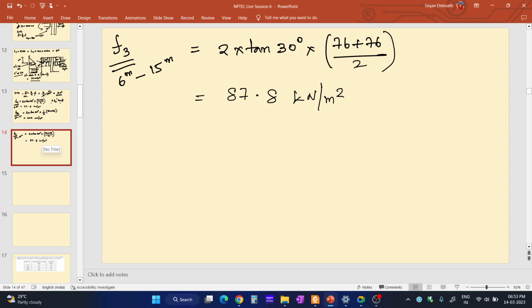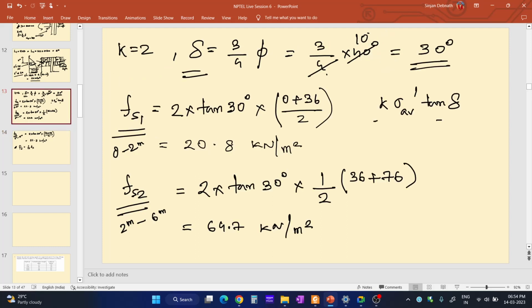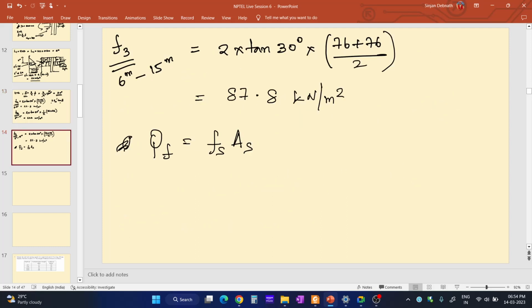Okay. So now we will find out capital QF. What is capital QF? It is skin friction resistance along the surface of the pile multiplied by the surface area. So till now we have found out Fs1, Fs2 and Fs3, that is the unit skin friction resistance along three different segments of the pile.